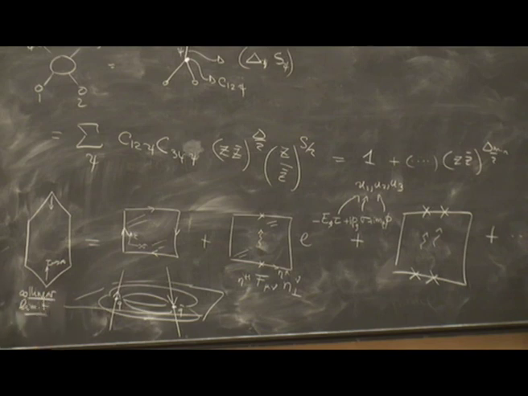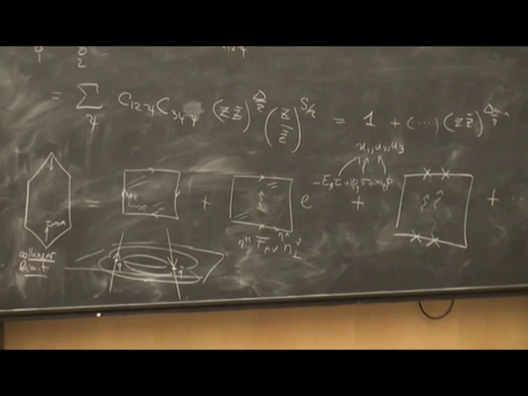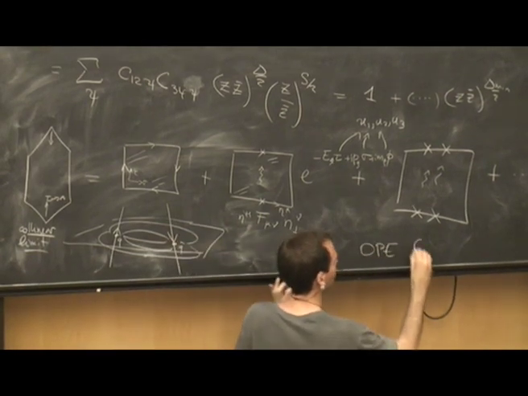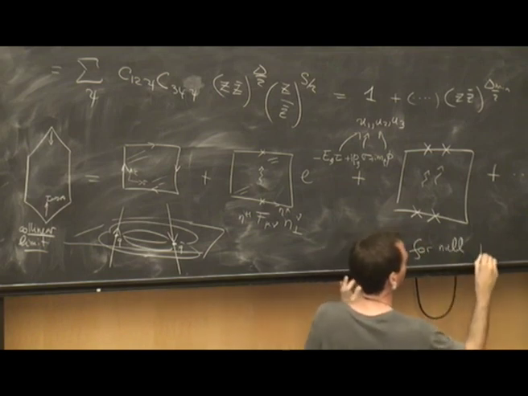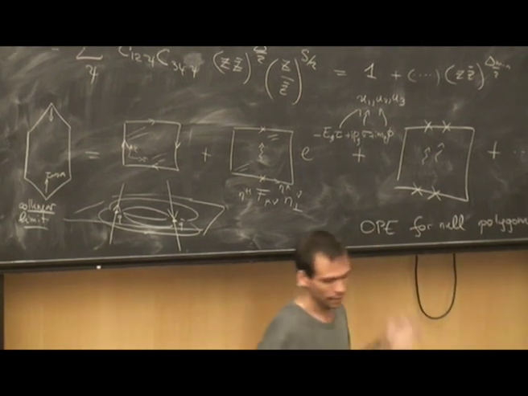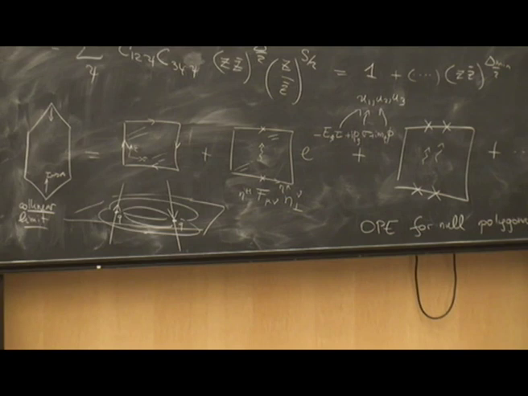Because of this analogy that I've mentioned, this picture of computing complicated Wilson loops by taking their collinear limit and reducing them to smaller, simpler objects is called the OPE for null polygonal Wilson loops. And it was proposed by Alday, Gaiotto, Maldacena, Sever, and Vieira. Okay? So this is the background, the picture that we were looking for.